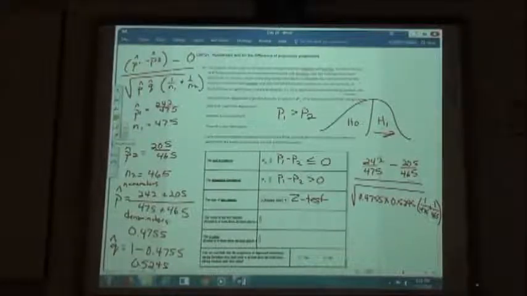Highlight that whole thing, divided by the square root of our two numbers, 0.4755 times 0.5245. And then in parentheses right behind that, we're going to have 1 over 475 plus 1 over 465.